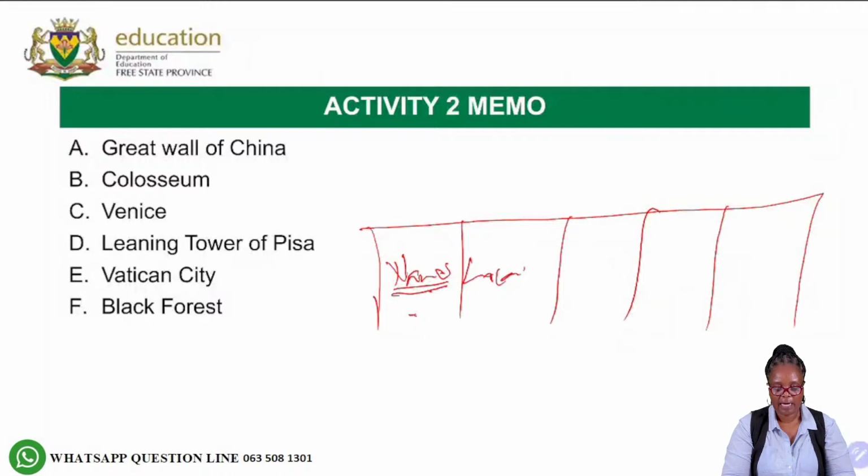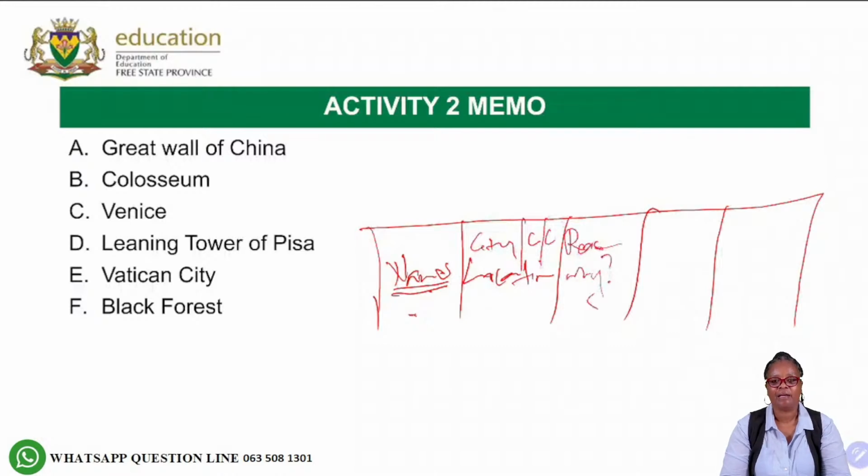The second one, write location. And location will be where you write the city, the country, and the continent. On the third column, I want you to write the reason why it's regarded as an icon. That unique reason.